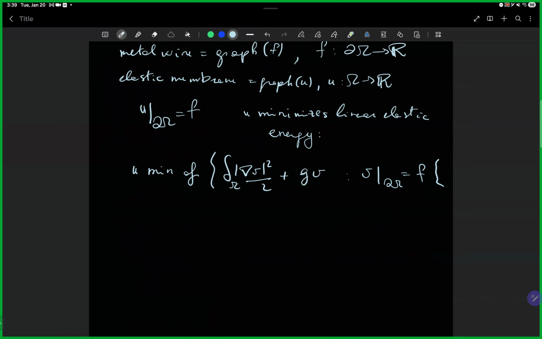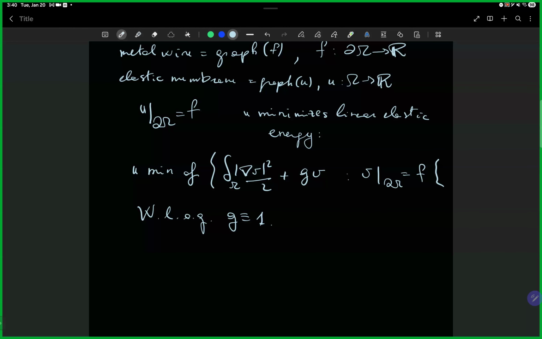So G is the gravitational constant, and v just represents the height of the membrane. Now, without loss of generality, I'm going to assume that G is identically 1. So I normalize the gravitational constant to be 1. So now this is my energy, with G equal to 1.